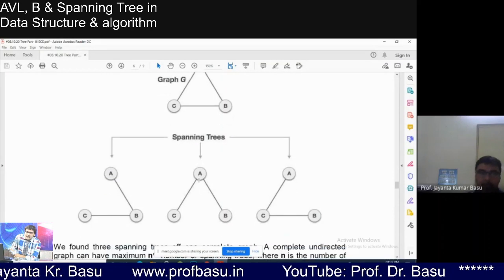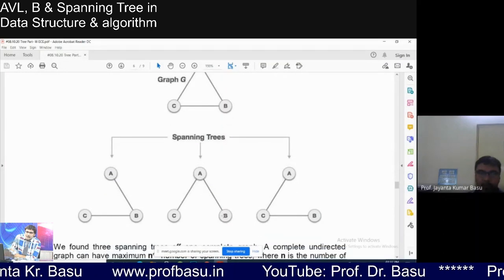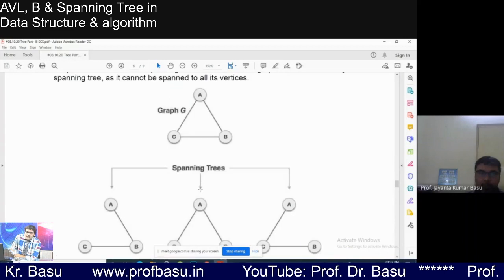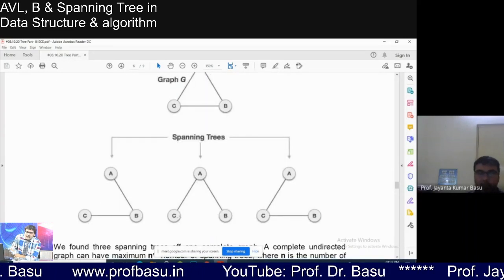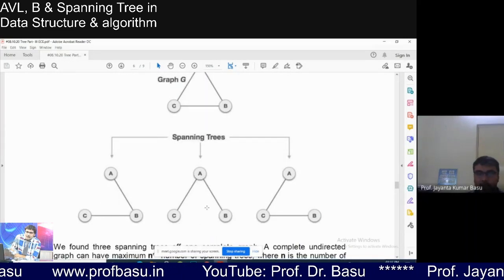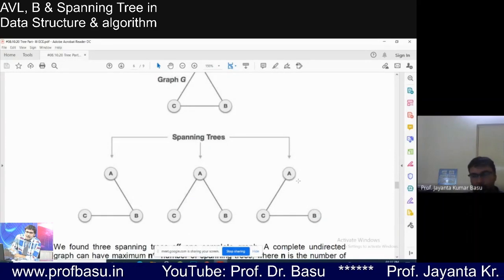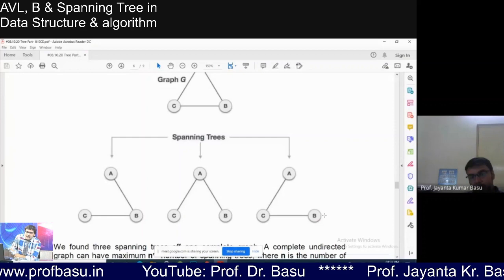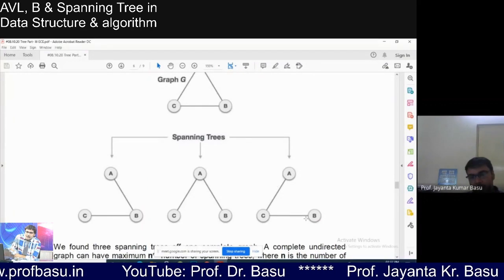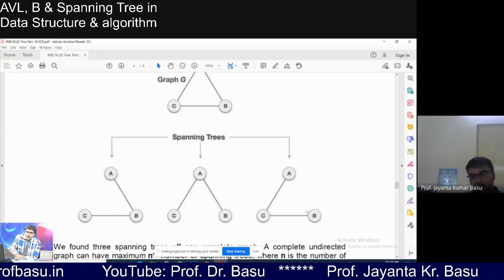I can also draw this way and it will form a spanning tree. I am disconnecting this path, so it will not form a cycle. Here also I am disconnecting this path. So the graphs are connected, but it will not form a cycle.